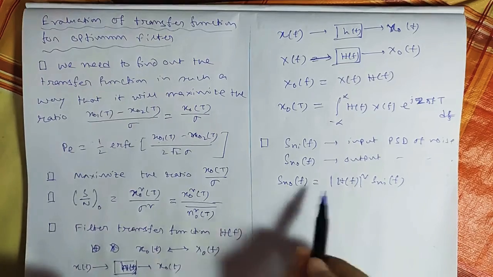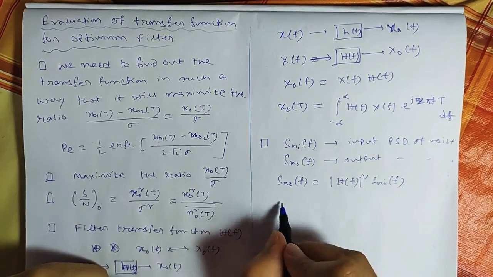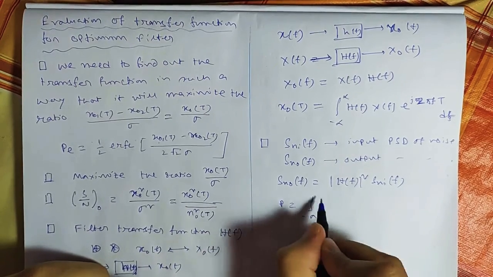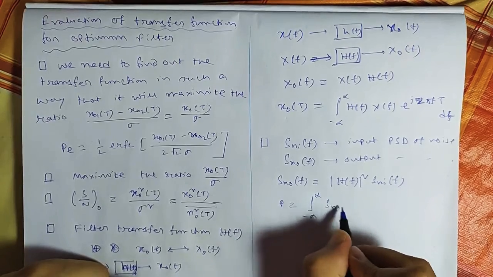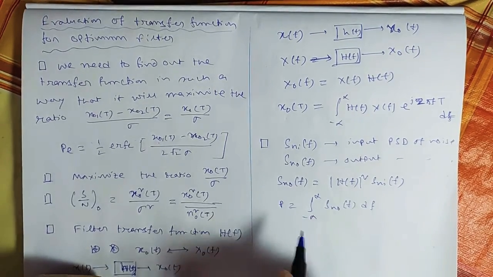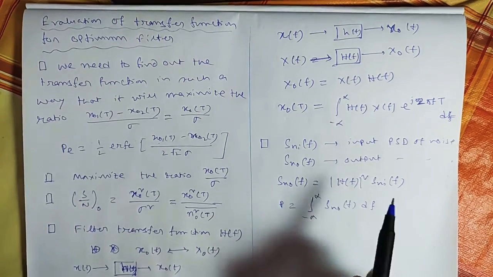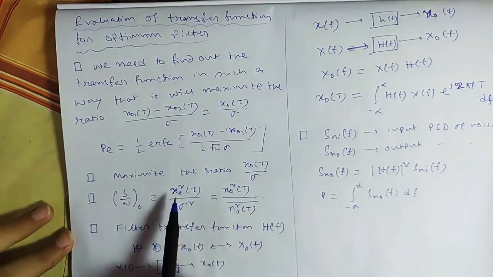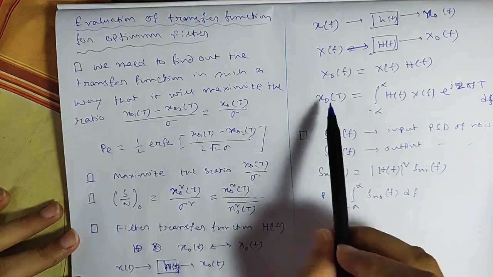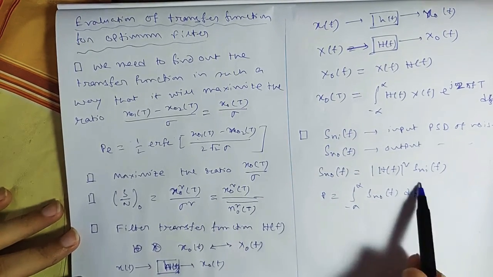We know the output noise power can be achieved by integrating the power spectral density, the integral from minus infinity to plus infinity of SNO(f) df. That's how we can achieve the noise power or mean square power. So x0 square (T) we can achieve from the earlier expression, and the noise power is determined from this expression.